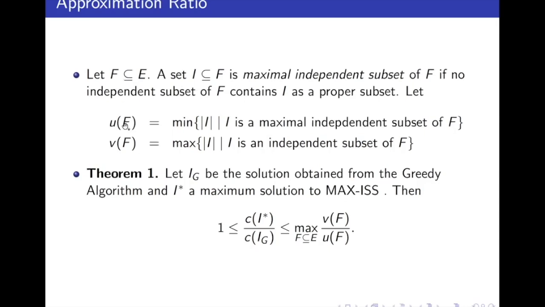So let's look at the following measure. We let F be a subset of E, and a set I, which is a subset of F, is a maximal independent subset of F if no independent subset of F contains I as a proper subset.